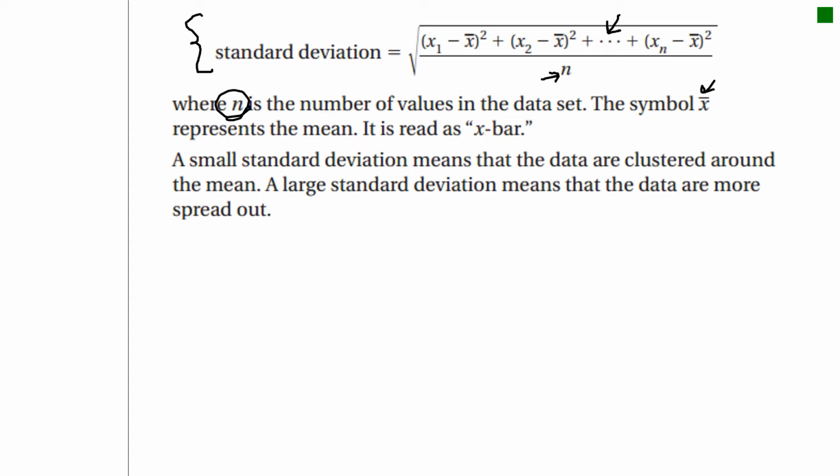Here's your big picture that I need you to write down. A small standard deviation means a small number when you do all of this work up here with the square root, and that the numbers are all close together. What does that mean? If I gave you guys a test and I had a small standard deviation, most of you got around the same score.